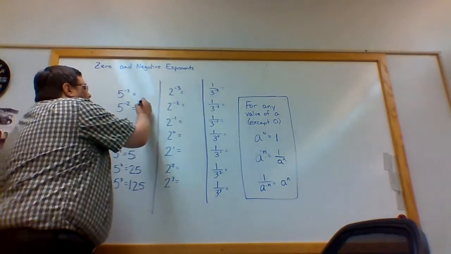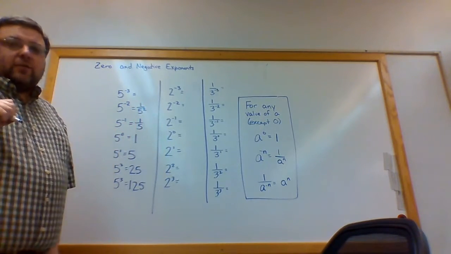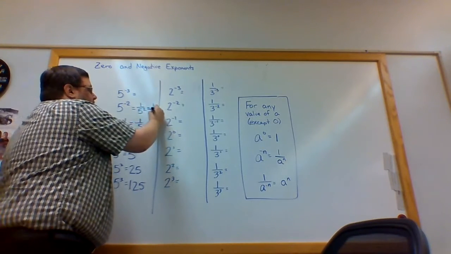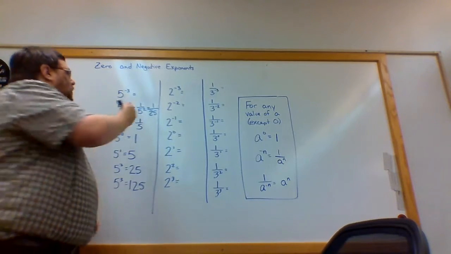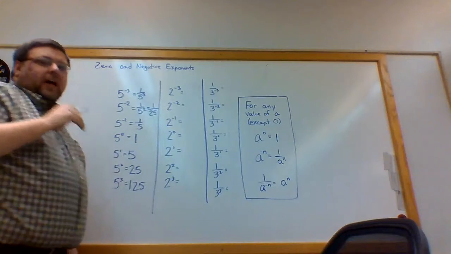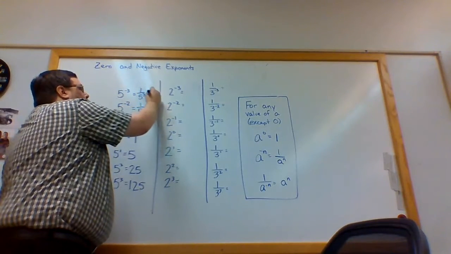So it's going to be 1 over 5 squared, because we have two 5s down there now, which makes 1 over 25. And then 5 to the negative third power puts a third 5 in the denominator, because we divide by 5 again, which comes out to 1 over 125.